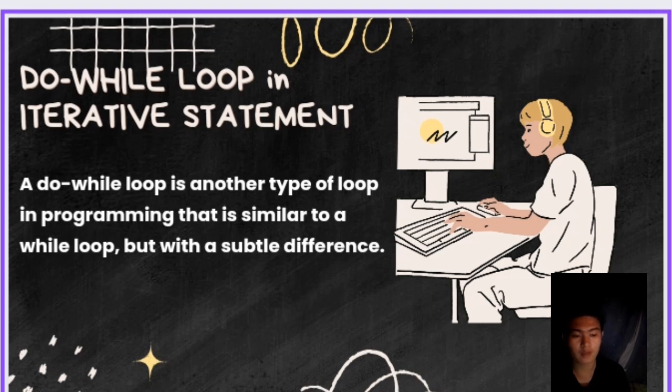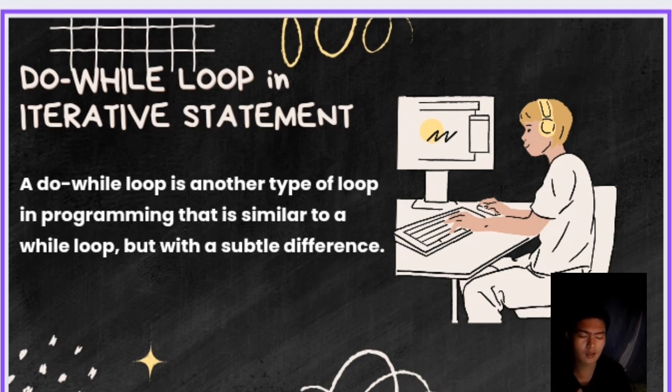In a do while loop, the loop block is executed first, and then the loop condition is checked. If the condition is true, the loop continues, and if it's false, the loop terminates.